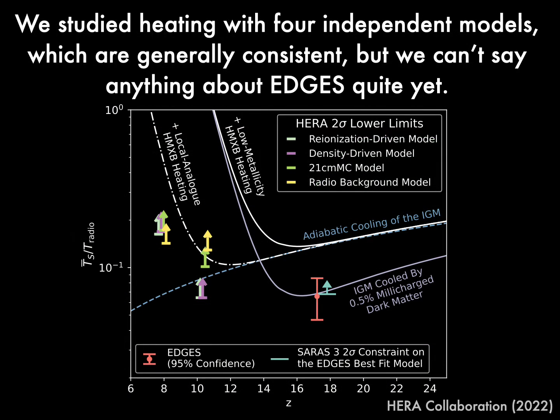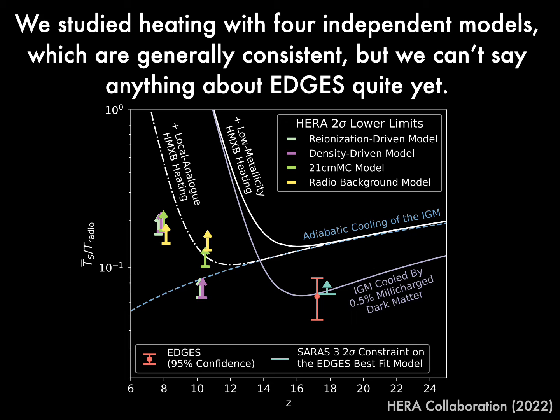So we did this not just in the context of 21 centimeter MC, but also in 3 other different models of modeling reionization of varying levels of complexity, which I'd be happy to get into if folks are curious. But we can use all of them to get roughly consistent results, which is that the IGM was definitely heated above the adiabatic cooling limit at redshift of 8 or so.